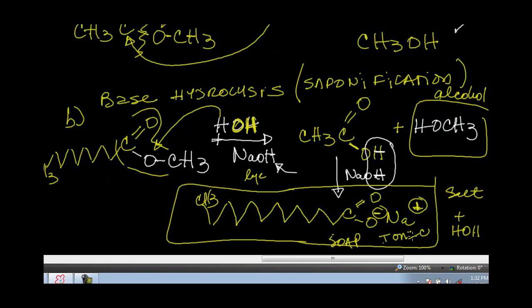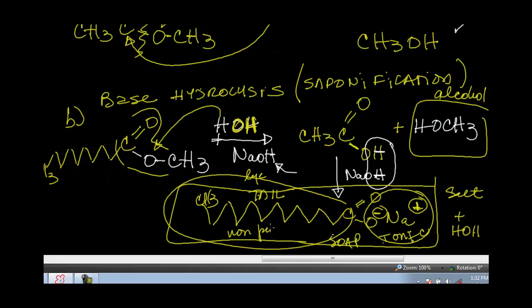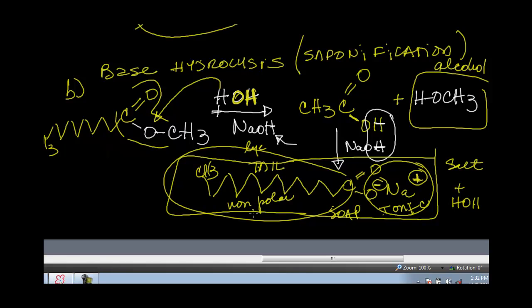So if you're going to wash your hands and they're oily, or if you're going to wash a pair of jeans and they're dirty and oily, the oil and the water do not mix. But in here you have a molecule that has an ionic head. This is a head that's ionic. And then it has a tail: CH2, CH2, CH2, repeating 18, 20 times. And that's very nonpolar. The nonpolar section is going to love your dirt, your oil.